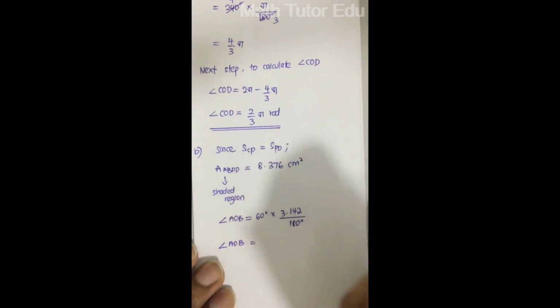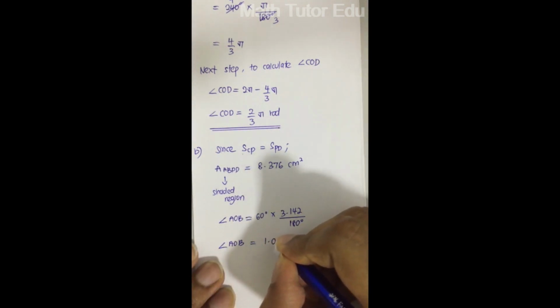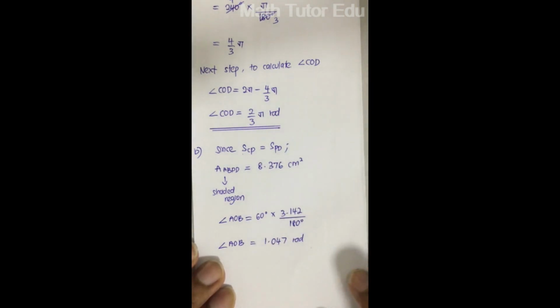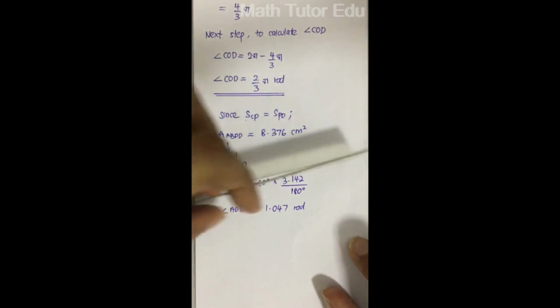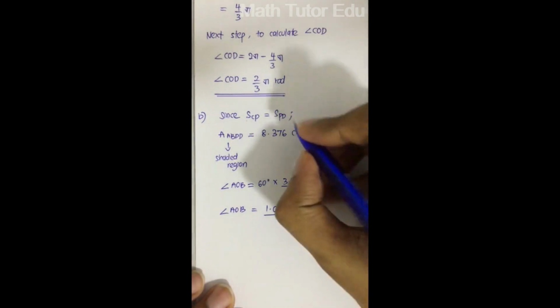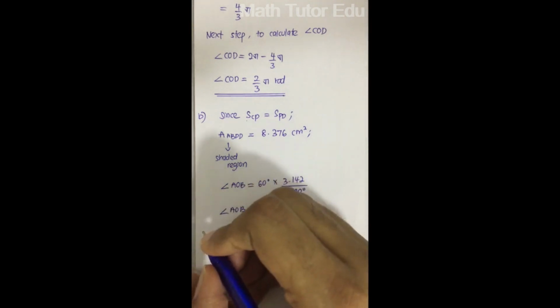I'm going to express it in 4 significant figures: 1.047 radians. And then they also gave us another set of information, which is that the perimeter of the minor sector AOB is 15.235 centimeter. We also write that in our working here.